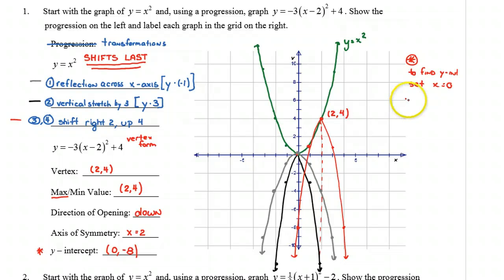So if we do that, we see y is equal to -3 bracket x minus 2 squared plus 4. So y is equal to -3, 0 minus 2 squared plus 4. And of course now I could do a little algebra and I could get -8 pretty easily.